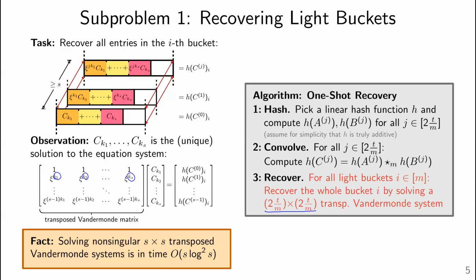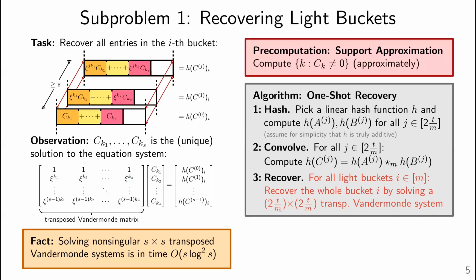For that reason, we sidestep this complication and instead pre-compute the support, meaning all indices k for which c_k is not equal to 0, in advance. I call this pre-computation, but actually this step is quite non-trivial in itself, and unfortunately I don't have the time to talk more about this. It's also not exactly true that we compute the support exactly. We only compute it approximately. But if you check the details, it's still enough to make this algorithm correct.